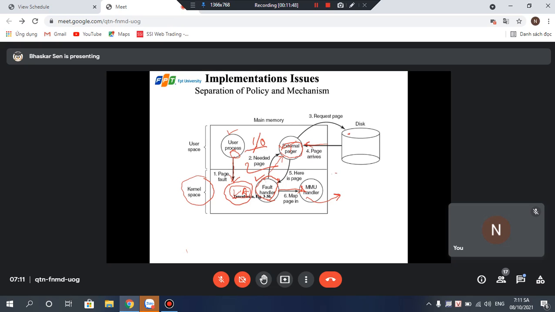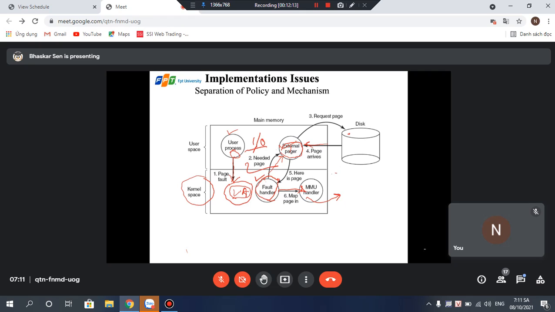Why we call it separation is all about handling of your page fault issue. Now, the best way to handle this page fault issue, as we understand, is by separating this mechanism from the policy implementation. In fact, there were three different layers, okay?